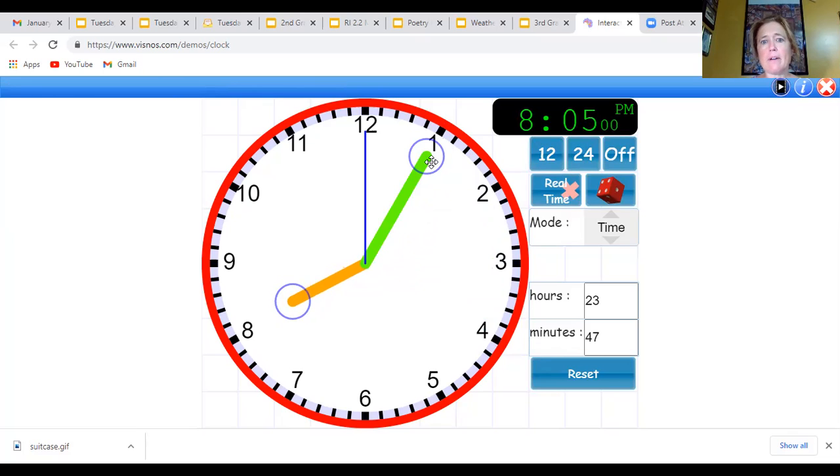But if I put it here, it's 8:06 because these little marks count by ones. It's the bigger numbers that you see that count by fives. So if I want it to be 8:15, I would count 5, 10, 15, right?